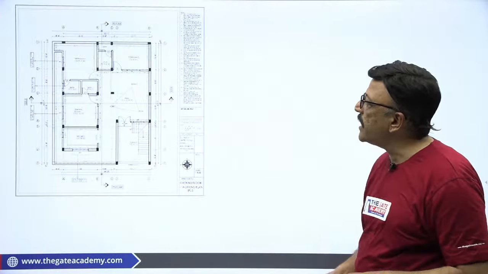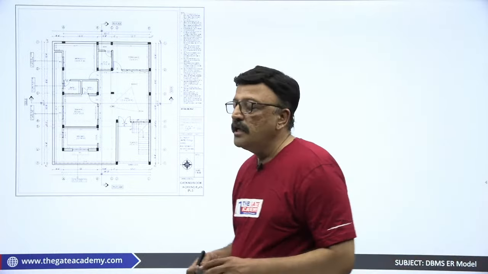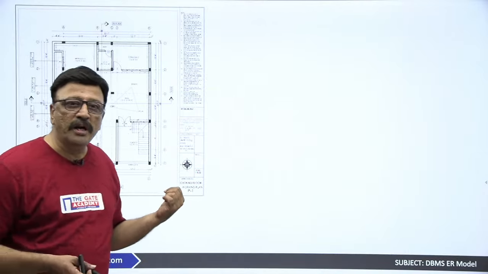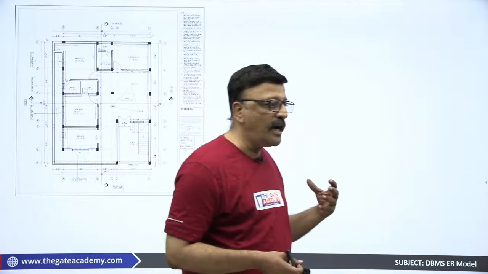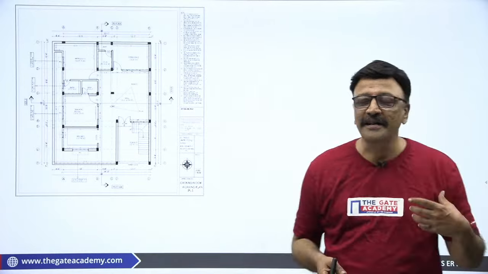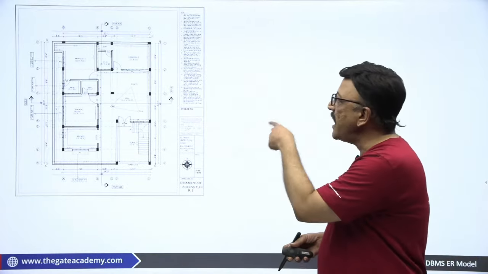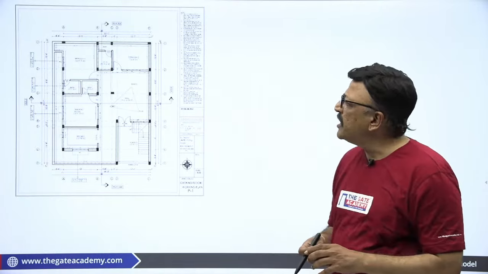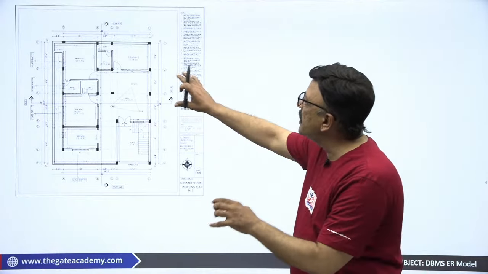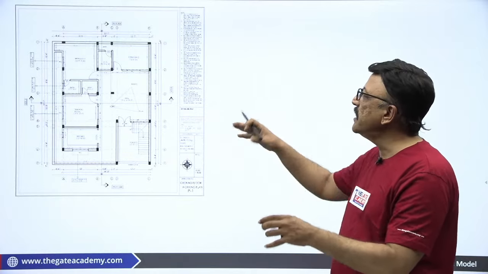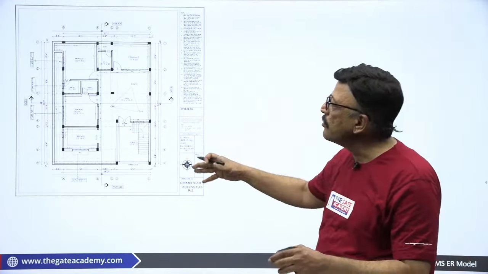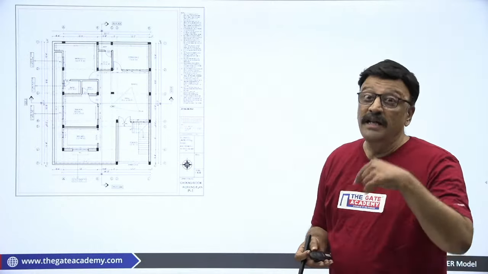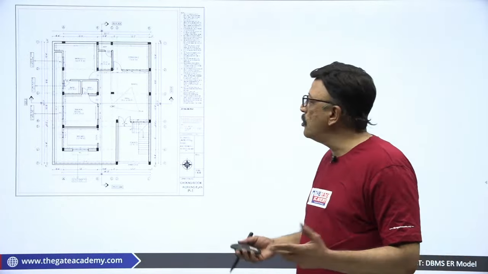Now, what happens next is that the civil engineer then prepares a plan. This plan is hardly understood by us, but we have full faith in the architect, and we know that this is actually modeling our requirements. Of course, we know a few things because some things are labeled here and there, and some feet and inches and dimensions have been modeled, but we are not engineers in that field, so we don't know what this plan is.